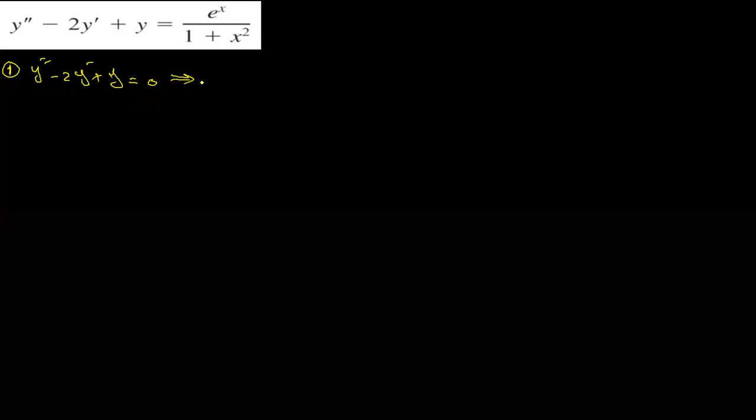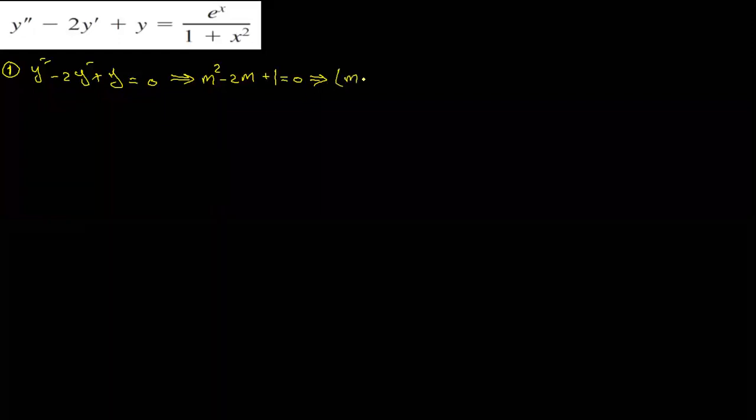Okay, so we're going to start at m squared, because your coefficients are constant, so you can use the auxiliary technique. Great, m squared, continue. Minus 2m plus 1 equals 0. How to solve this algebraic equation, Basil?